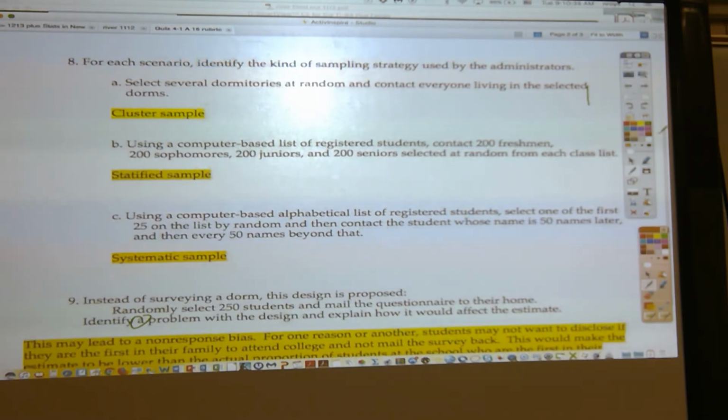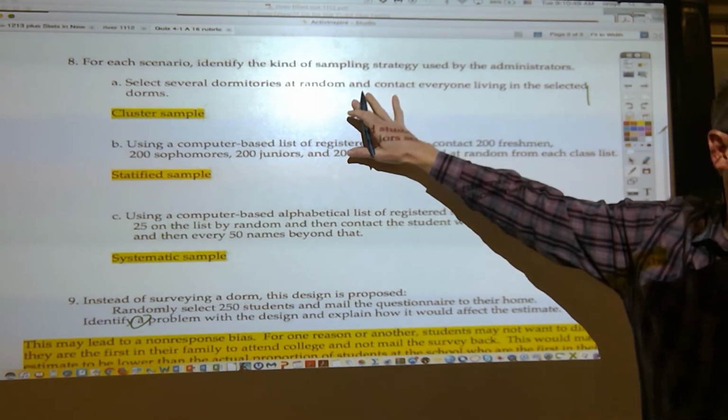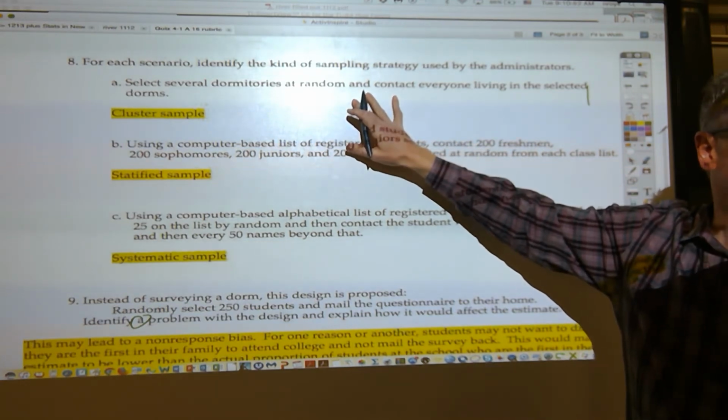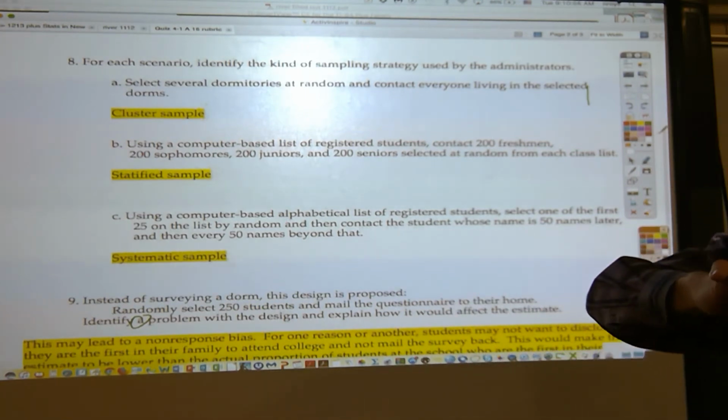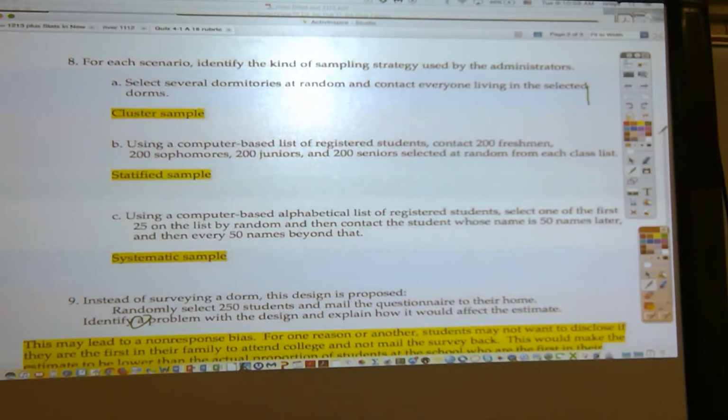Okay, and you are referring to problem 8A, is that correct? Okay, and again, I just want to make sure I understand your question. You said if they select several dormitories at random, and then you mentioned something about how they run into some of the students again? Right. So like they're at one dormitory asking their questions, and then they go to the next dormitory, and some people from the first dormitory had migrated over, or what?